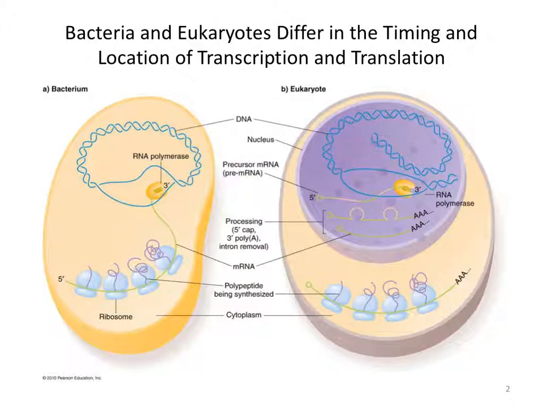Also remember that prokaryotic cells are in contact with the external environment at all times. They're single-celled organisms. These organisms grow faster, and therefore they need to be able to produce proteins very quickly. So transcription and translation happen faster in prokaryotes than in eukaryotes. Eukaryotes have somewhat different biology. They have bigger cells.